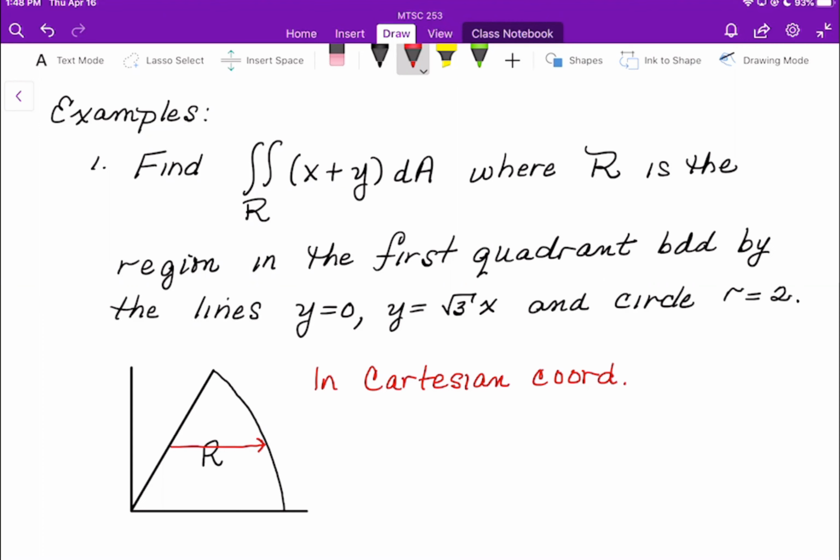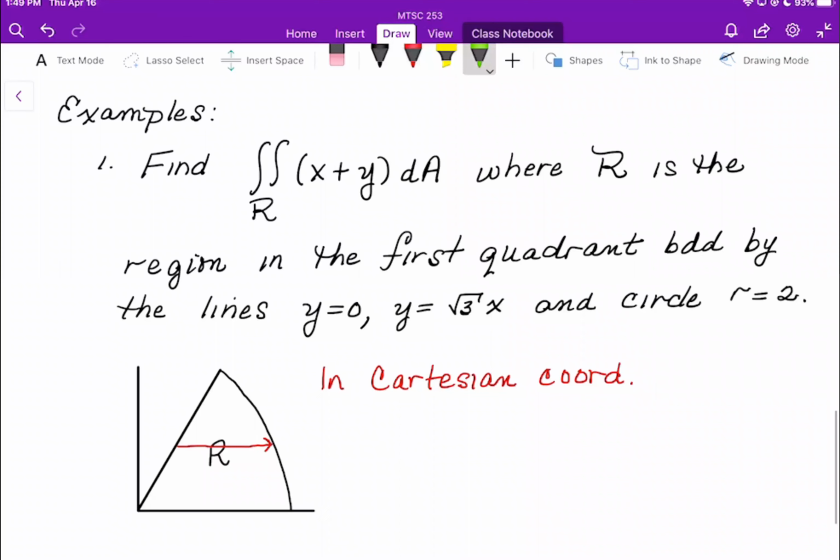So for this curve right here, I could write it as x is equal to y over the square root of 3.